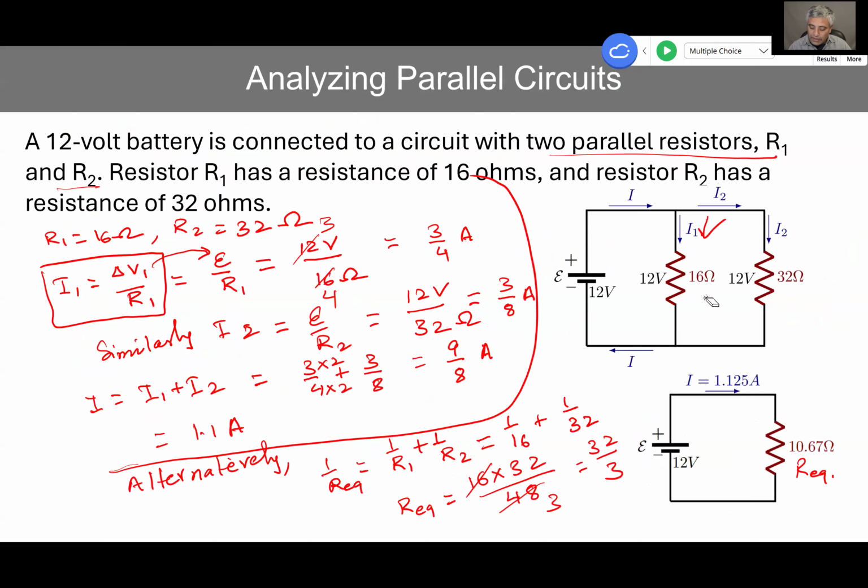But when they are in parallel, then we know the voltage is going to be the same, so you can find the current through this resistor just by using Ohm's law on that particular resistor. So do you know when you can use it and when you cannot, directly, with just one resistor and one voltage? Hopefully you do.